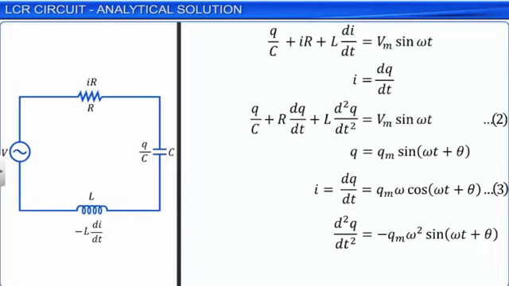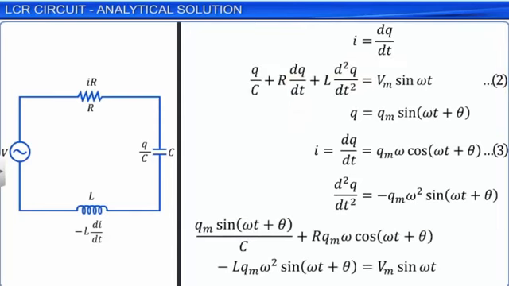Substituting these values in equation 2, we get Qm sin(omega t plus theta) by C plus R Qm omega cos(omega t plus theta) minus L Qm omega square sin(omega t plus theta) equal to Vm sin omega t.